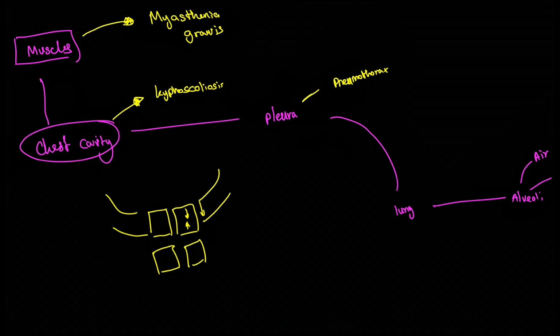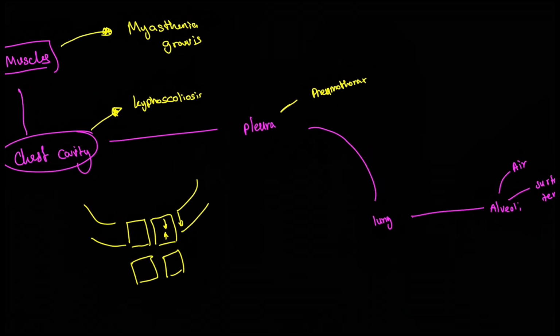In pneumothorax, pneumo means air, and thorax means thoracic cage. The air gets inside of the pleura, which causes the pleura to fill with air, which causes the intrapleural pressure to become zero or sometimes positive.